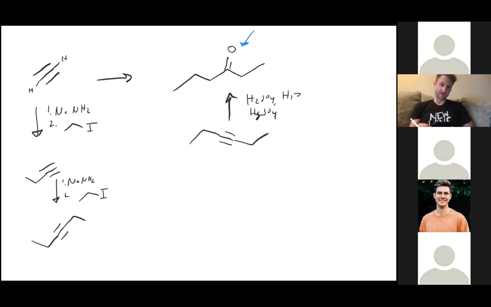And then from here, if we add in the reagent to make a ketone, these are both secondary, it's symmetrical. It's not going to really be selective for one versus the other.